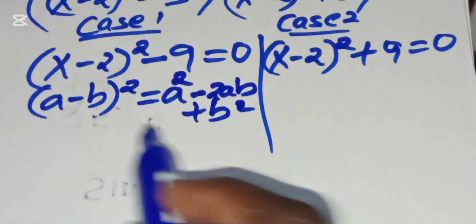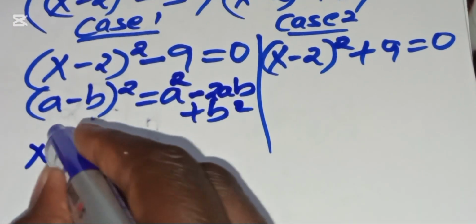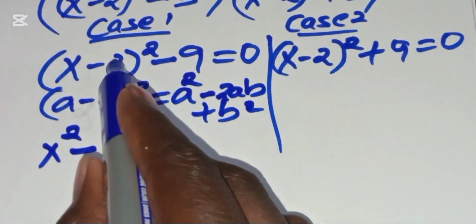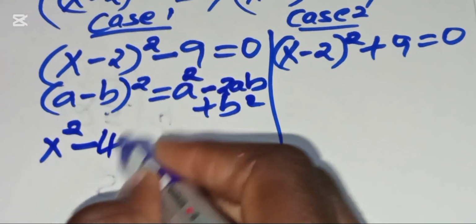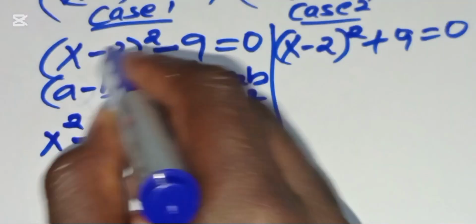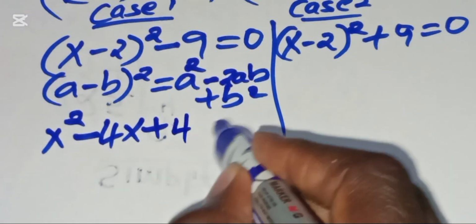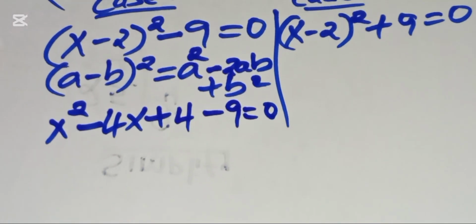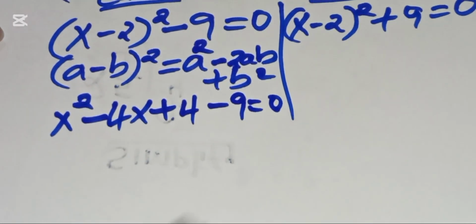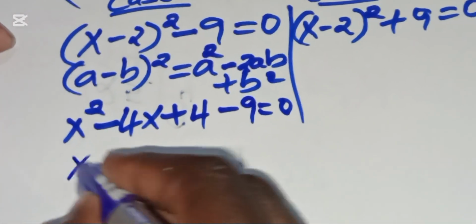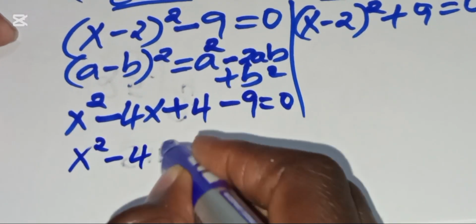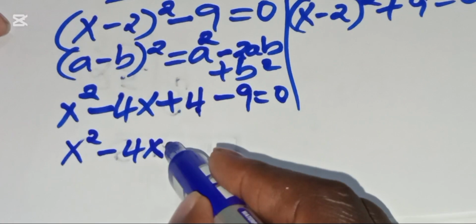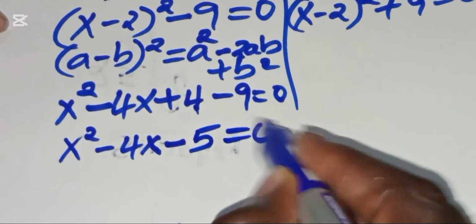That means we have x squared subtract 2x times 2, which is 4x, plus negative 2 squared, which is 4, minus 9, equal to 0. Now we have x squared minus 4x, and 4 minus 9 is minus 5, equal to 0.